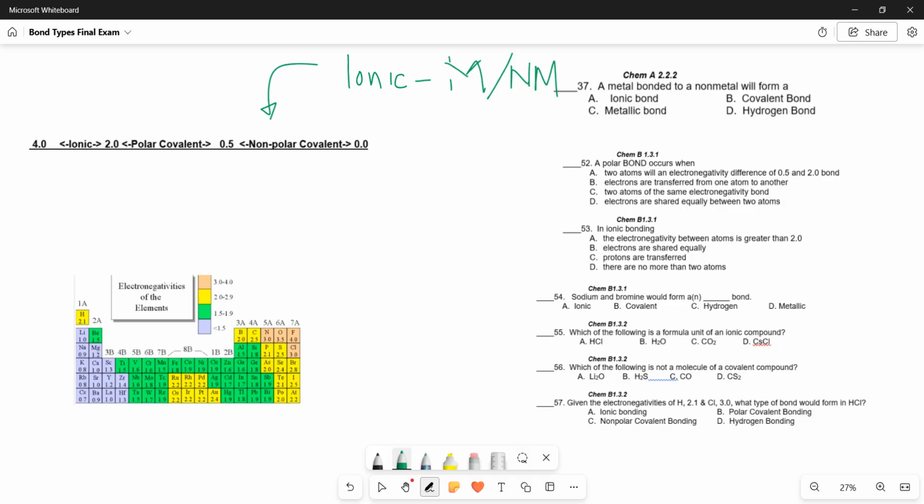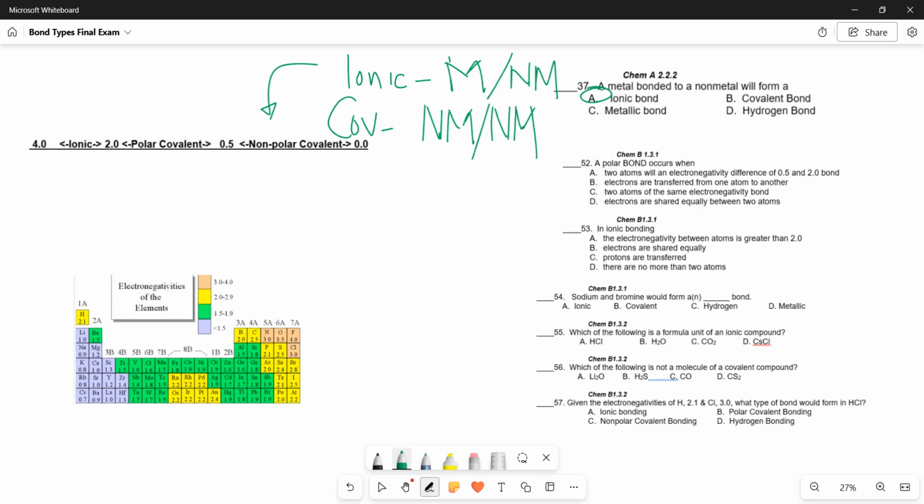There's a transfer of electrons, and then you have a cation and an anion, and that is going to be ionic. Covalent, whether it is polar or nonpolar, is going to be between nonmetals and nonmetals, and they share electrons to get an octet. And so that's the very difference between them. And so if it's a metal with a nonmetal, just in general, it is going to be ionic.